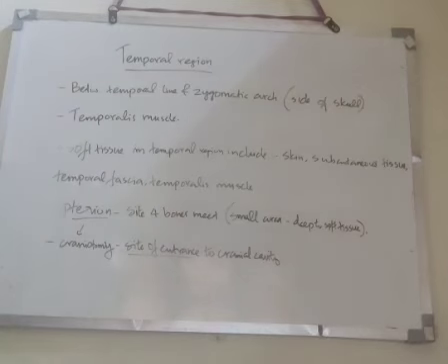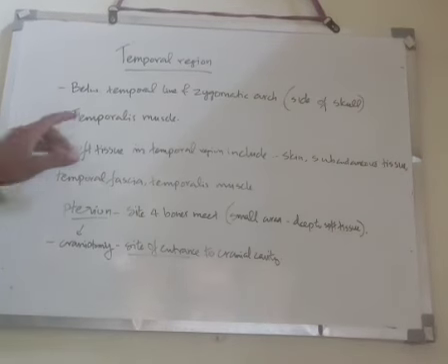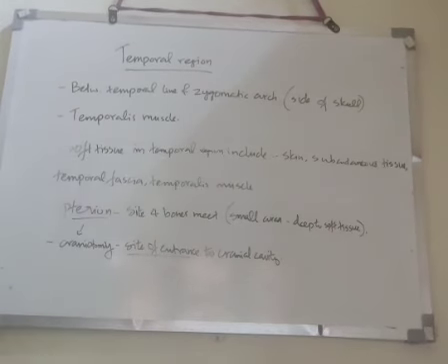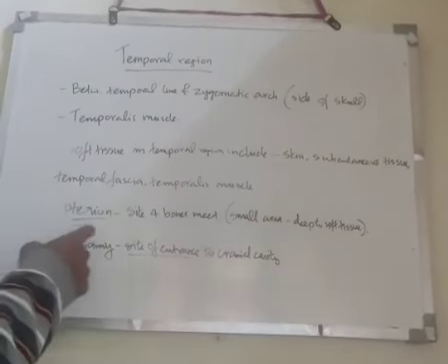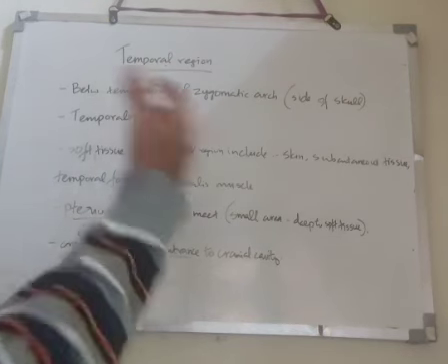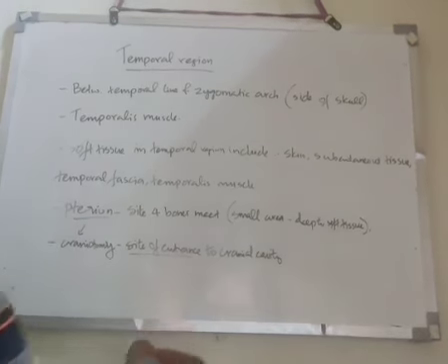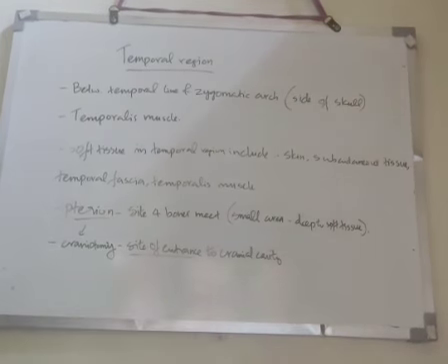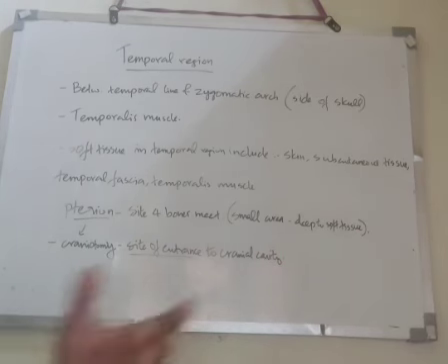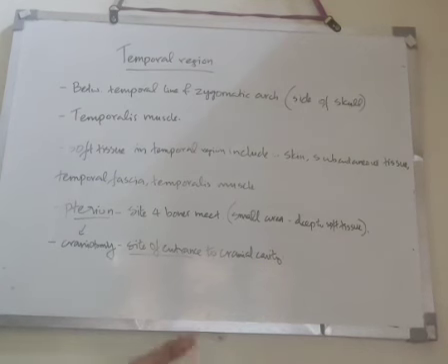The more important point in the temporal region is the pterion. This site is clinically important because when doing craniotomy surgery, it is a site of entrance to the cranial cavity to remove an extradural hematoma. So the pterion is important.